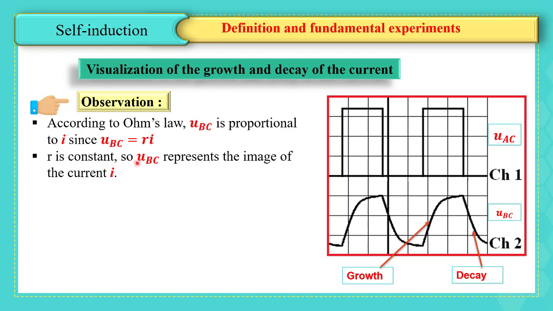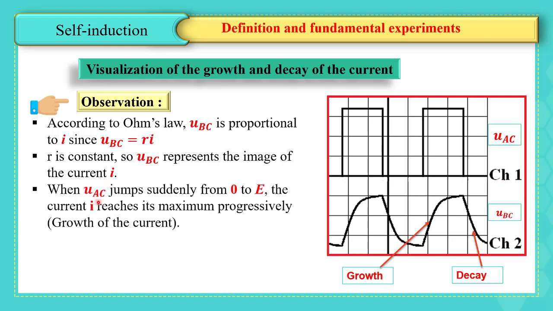So UBC, the voltage across the resistor, always represents the image of the current I. Now, when UAC, the voltage across the generator, jumps suddenly from 0 to E, the current I reaches its maximum progressively, and this is called the growth of the current.